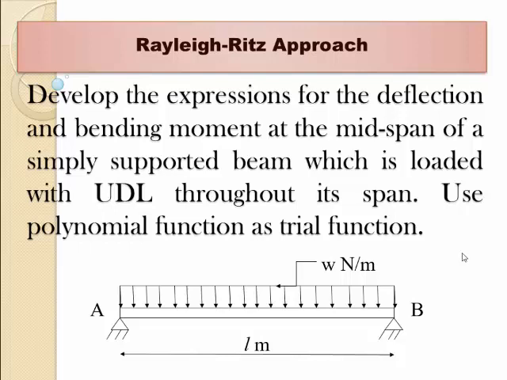Okay, so the total length of the simply supported beam can be considered as L meter, and the magnitude of the UDL on the beam can be taken as W Newton per meter.